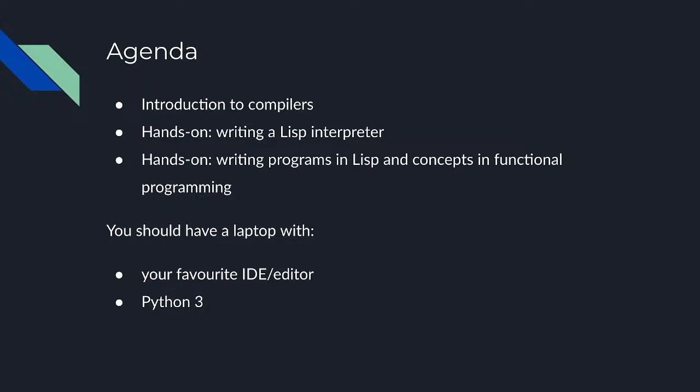The next one will be using the interpreter itself to write programs in Lisp, which is this weird language if you haven't seen it before, and hopefully learn some concepts in functional programming along the way. Ideally, you should have a laptop with your favorite IDE or editor. I don't judge, but at least you should have Python 3. You can use Python 2, but no guarantees.